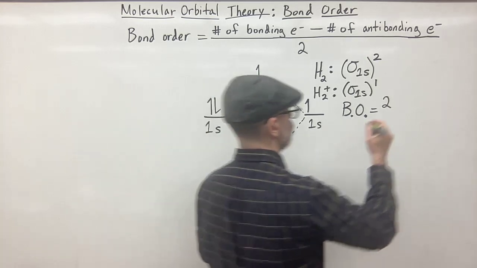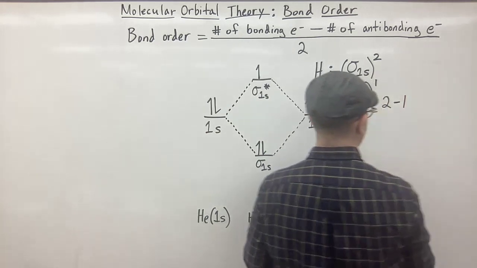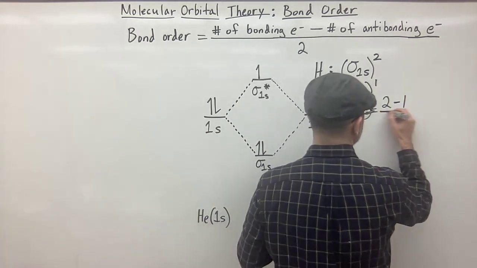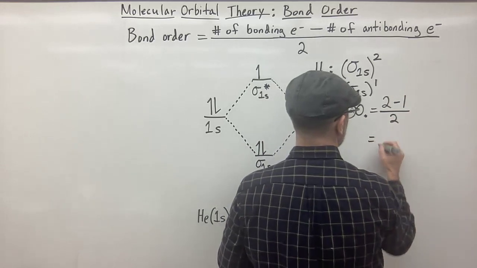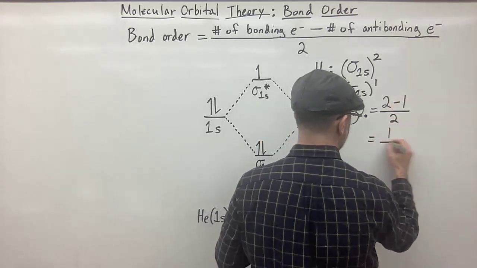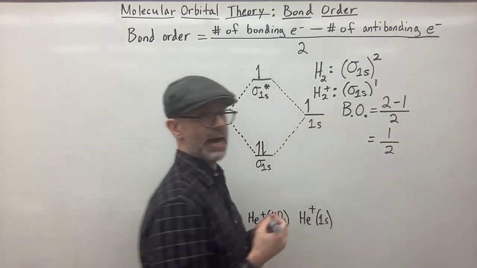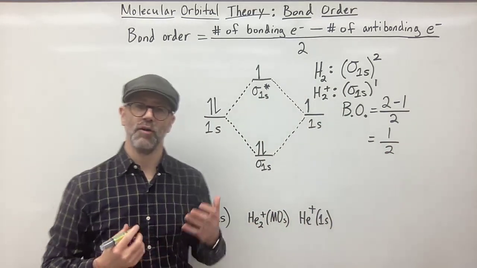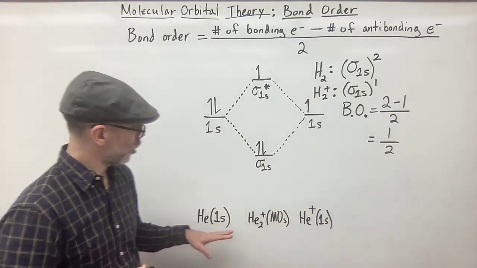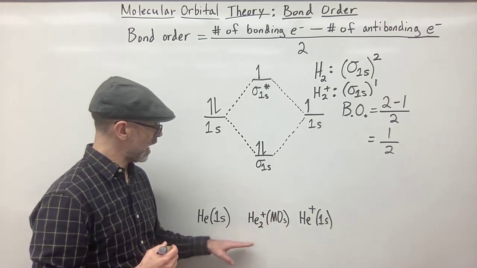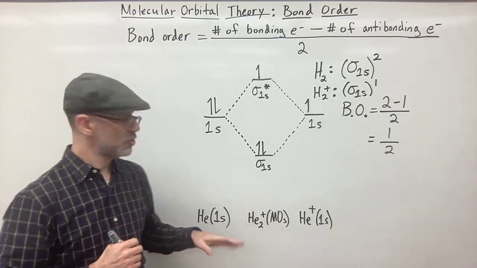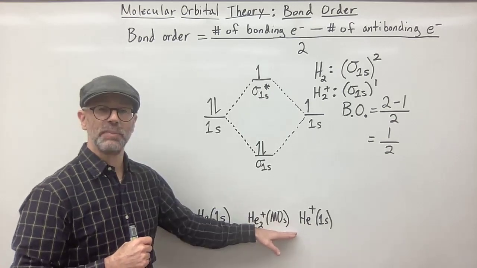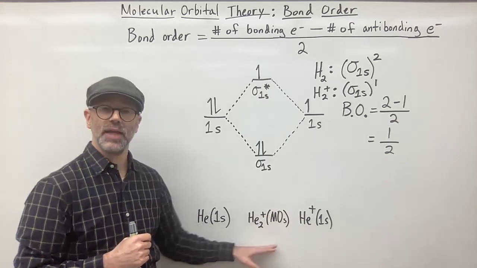So that's 1 antibonding electron. And so now that's going to be divided by 2. 2 minus 1 is 1, divided by 2 gives us 1/2. So we have a bond order of 1/2. And so this is going to have something less than a single bond. So relatively weak bond here, but a bond nonetheless.